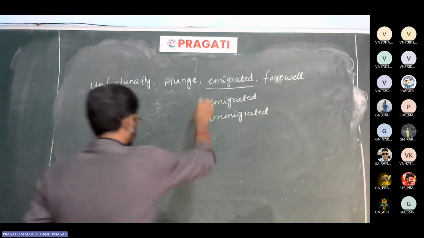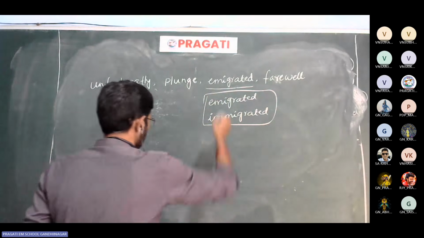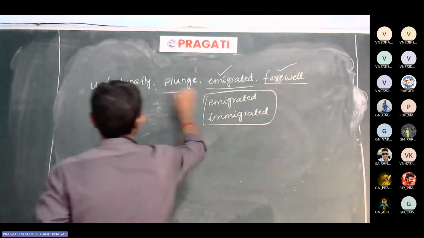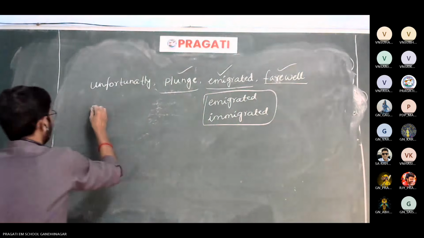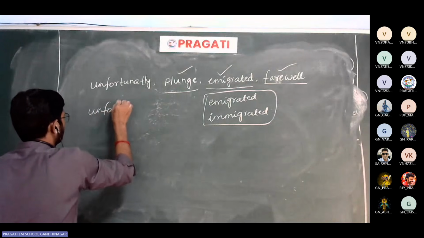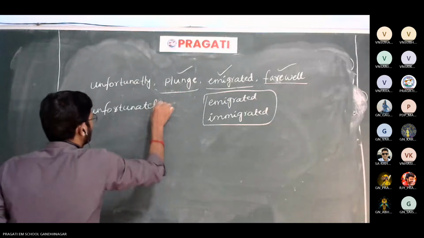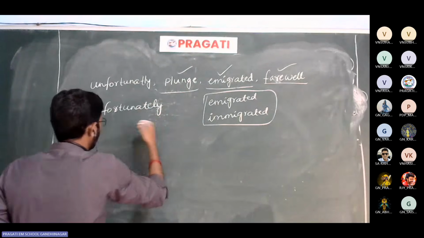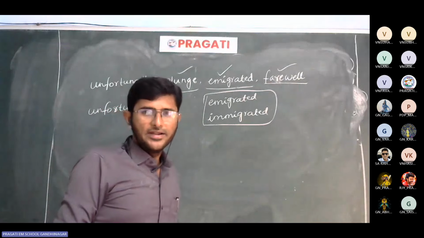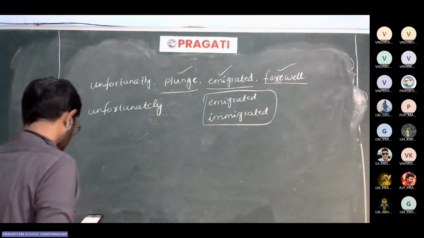I don't want to get into that as we don't have much time, right? So this is right. Farewell is right. So plunge is right, and unfortunately is wrong. Okay, so you should be able to identify the word and correct its spelling, right?